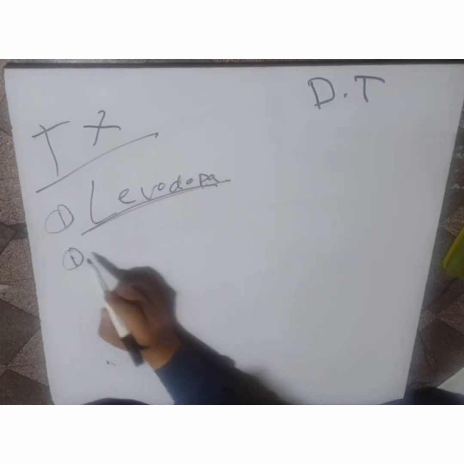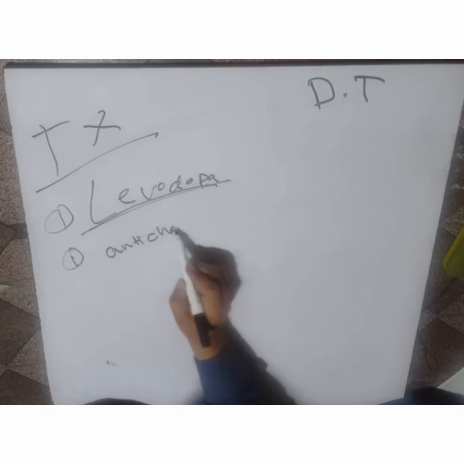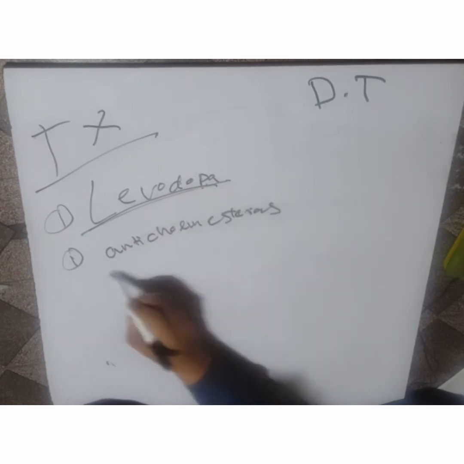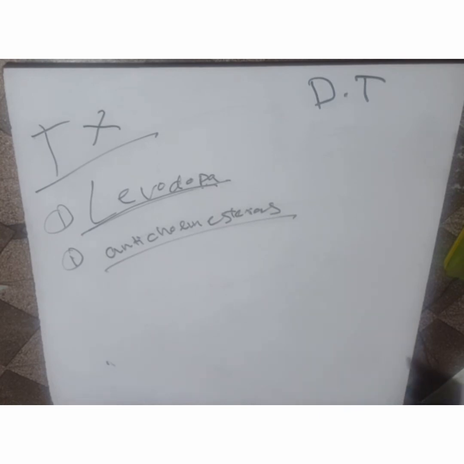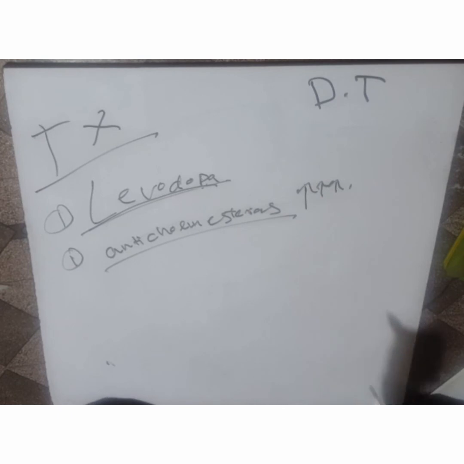Second is the anticholinergic, which must be given at high doses. The example is trihexyphenidyl.